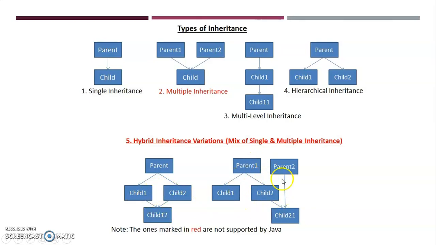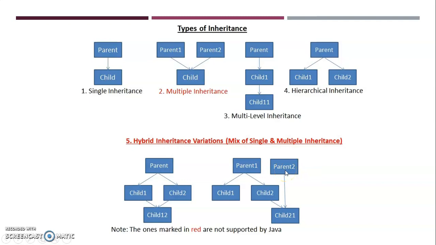Now this is another example. Here parent 1 is a superclass of child 1, so that is obeying single inheritance. Child 2 is inheriting from parent 1, that is also obeying single inheritance. Then child 2 is inheriting from parent 2, that is also obeying single inheritance. But if you consider child 2 with parent 1 and parent 2, which inheritance is it obeying?